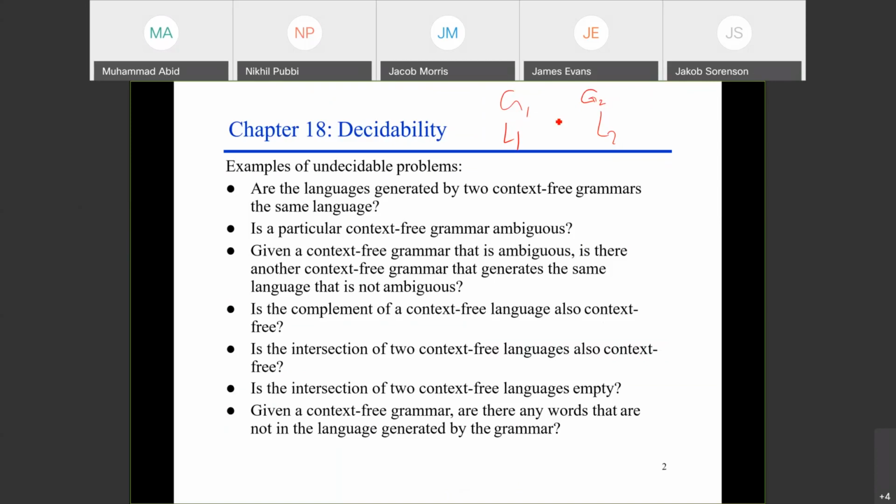Without knowing what these languages are, is there any algorithm that will tell us whether these two grammars, which look very different from each other, define the same language or two different languages?